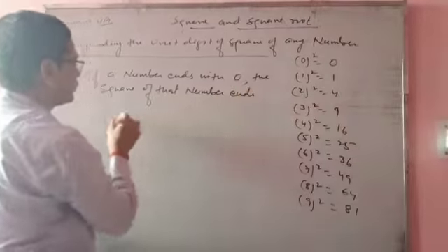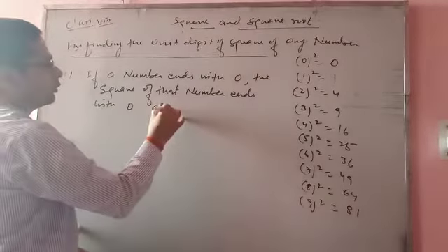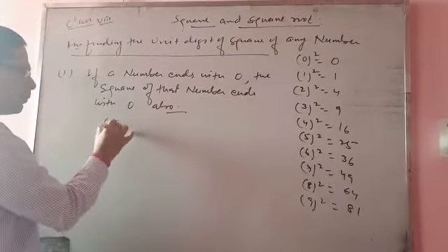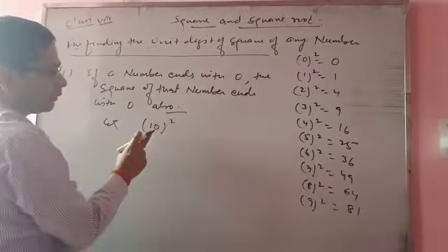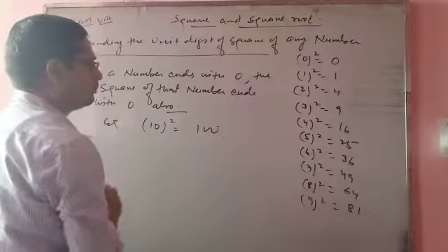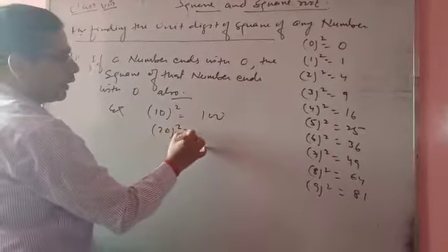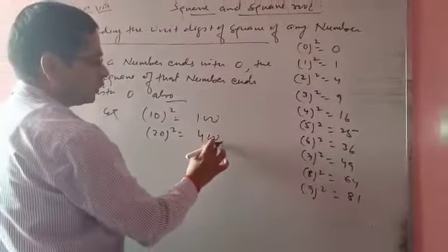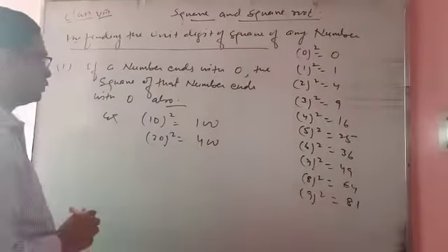For example, 10 square, 10 के लास्ट में 0 है, so its square is 100. It also ends with 0. Like 20 square is 400. 20 ends with 0, then 400 also ends with 0.